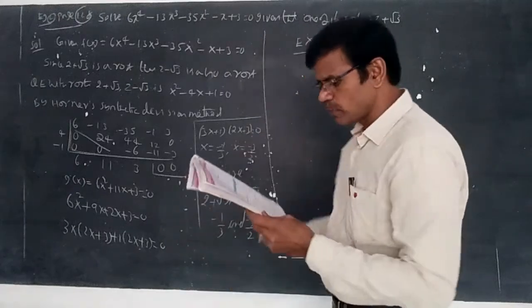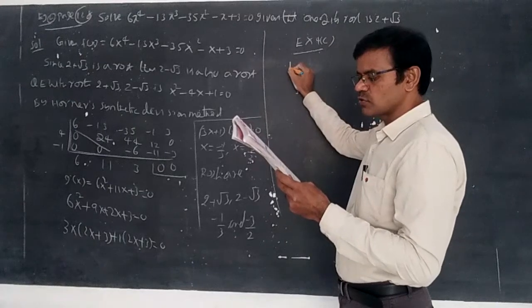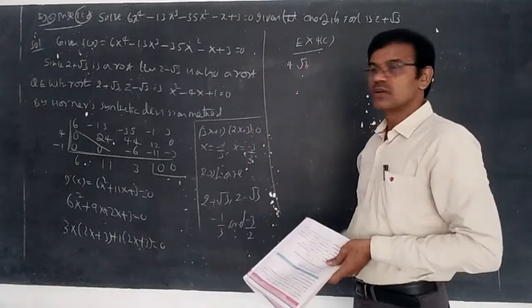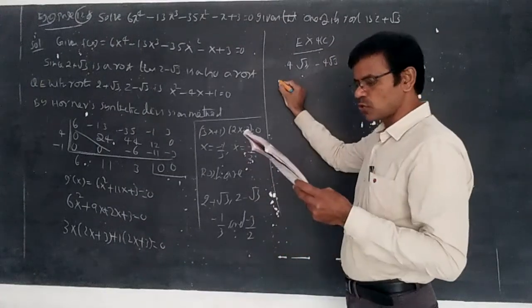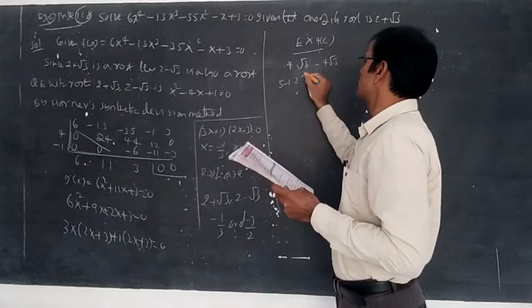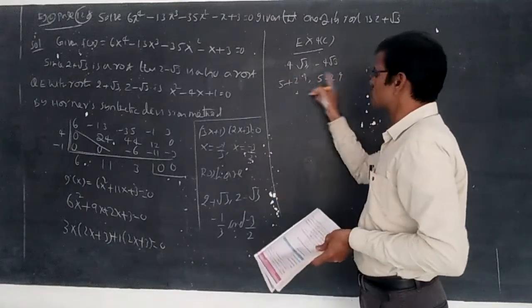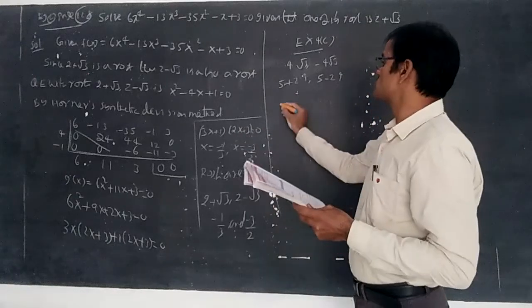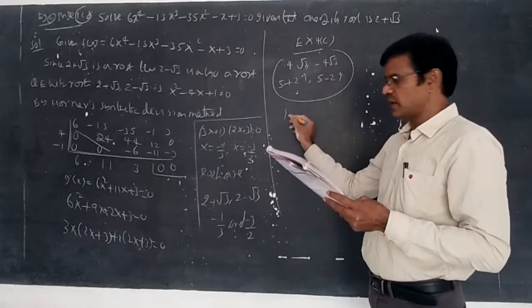In first Roman, second one, he has given: find the polynomial equation with rational coefficients whose roots are... So with 4 root 3 it is not possible alone. Whenever 4 root 3 is there, minus 4 root 3 is also a root, you consider. So you can get the biquadratic equation like this. You should consider whenever 5 plus 2i is there, then 5 minus 2i is a root. So prepare this quadratic and this quadratic, multiply later.